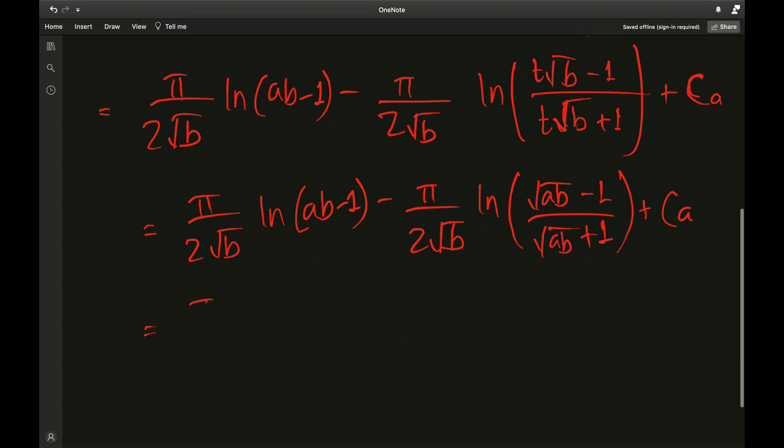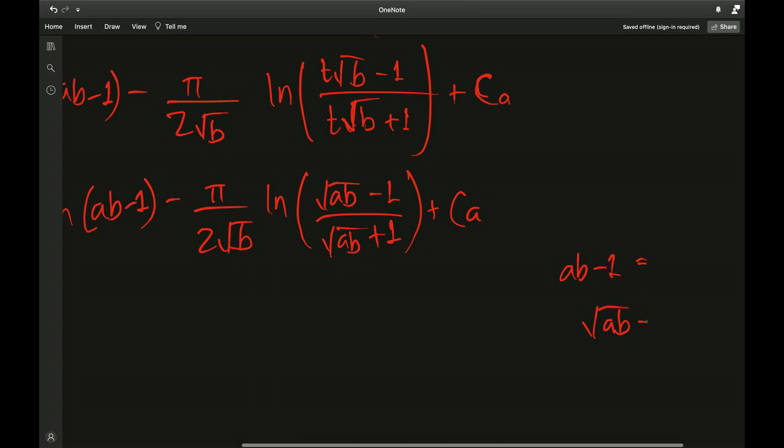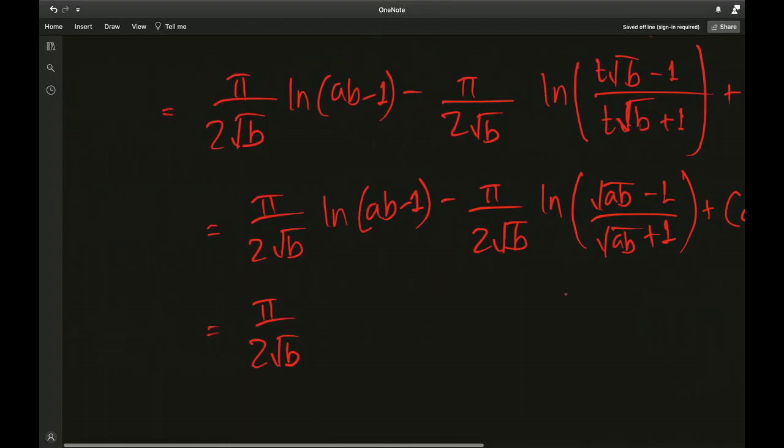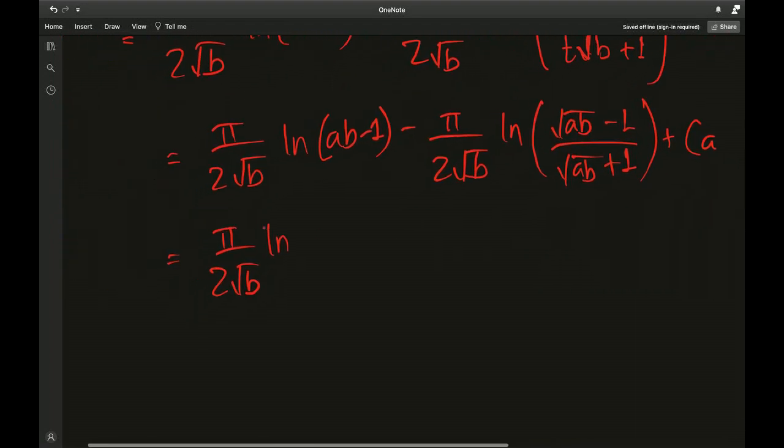So now what we can do is use a simple property: ab minus 1, using the difference of squares, is square root of ab minus 1 multiplied with square root of ab plus 1. And then when we take natural log on both sides, we have the natural log of a product, which can be written as the sum of two different natural logs.